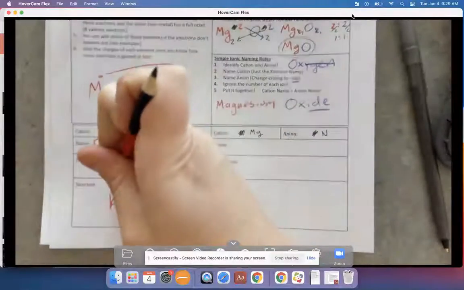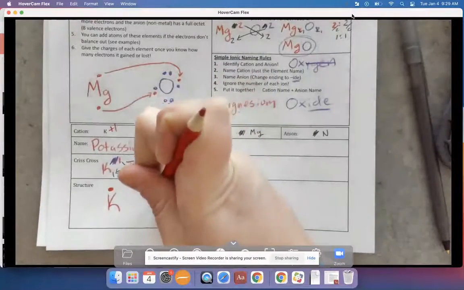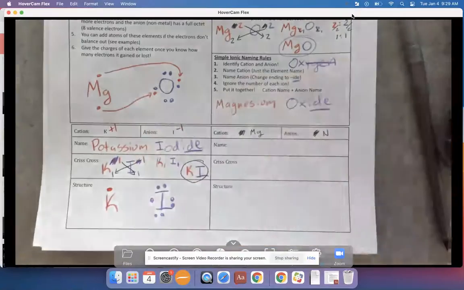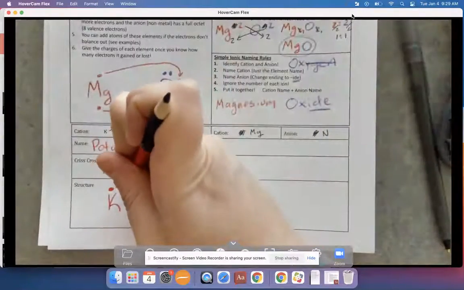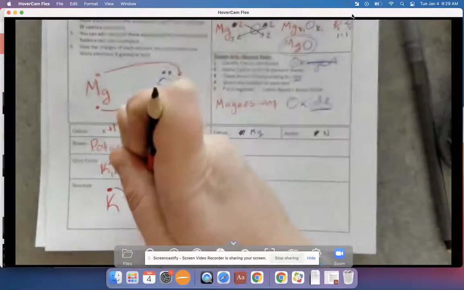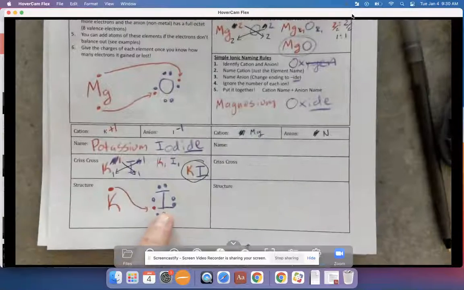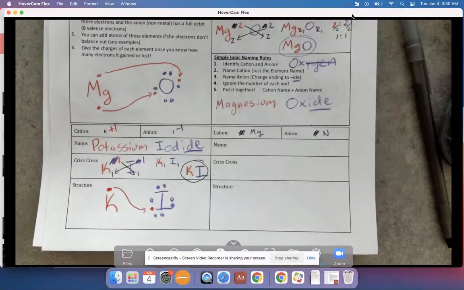Down, left, right, up, down. Now I can go to the right here. It doesn't really make a difference as long as I'm going cross to cross. Okay, my one that has less is going to give it away to the one that has more. K gave them all away. I has 8. Matches my formula, 1K, 1I.